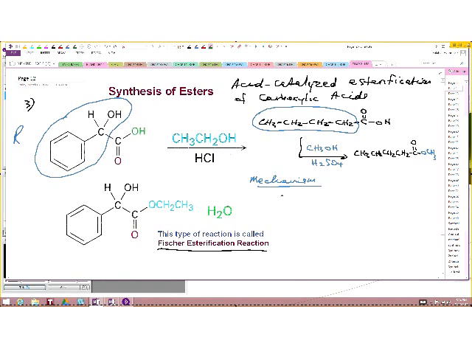The first thing you do, you have your carboxylic acid, and since we are using a catalytic amount of acid, what happens here, consider this as a source of a proton.